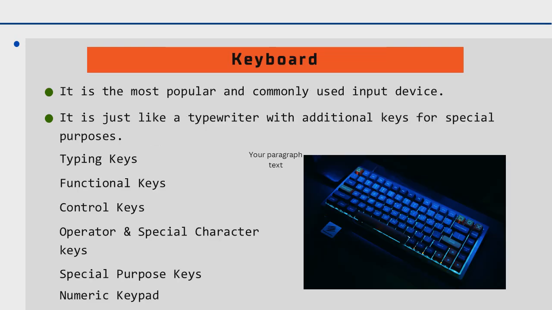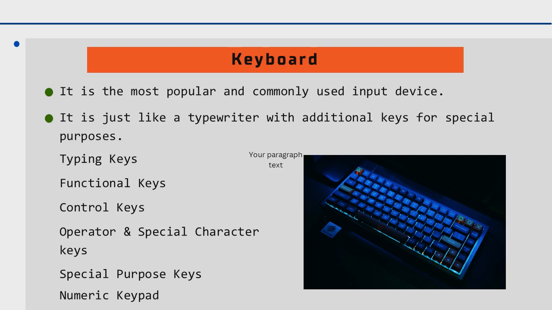Keyboard. A keyboard is the most common and popular input device. It looks like a typewriter but has extra keys for special purposes. The keys on a keyboard are divided into different groups. Typing keys are used for writing letters and numbers. Functional keys like F1 to F12 are used for special tasks.